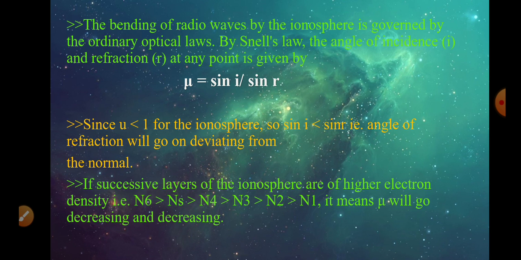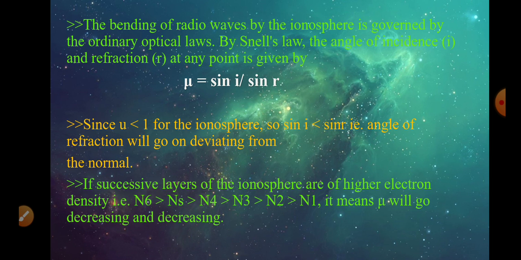As we have seen, we have mu less than 1 for the ionosphere, so our sin i will become less than sin r. That means the angle of refraction will keep increasing, deviating from the normal as the wave encounters a rarer medium.